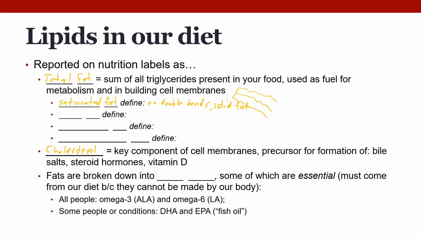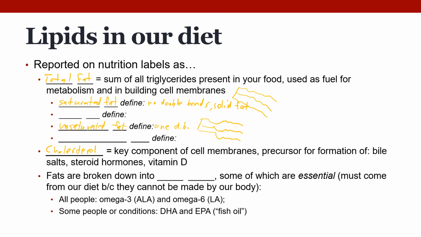If you have some double bonds that introduce kinks in that chain, okay, if you have one double bond per chain, one double bond, it's called an unsaturated fat.